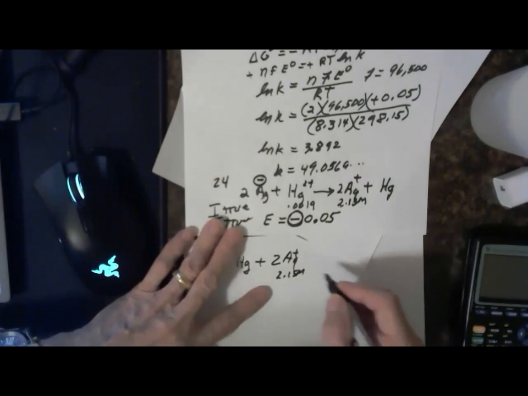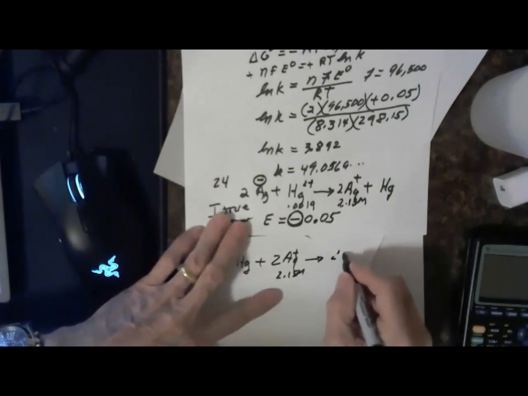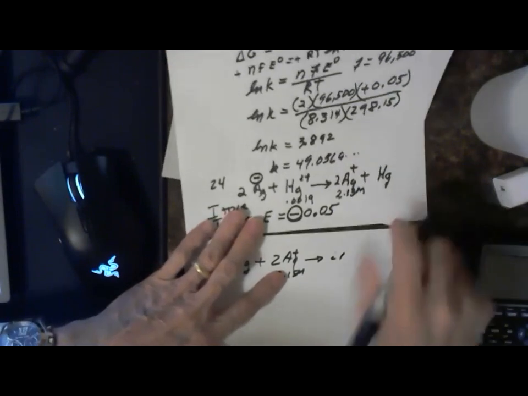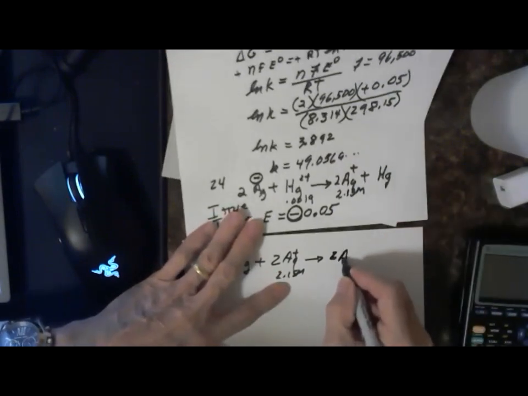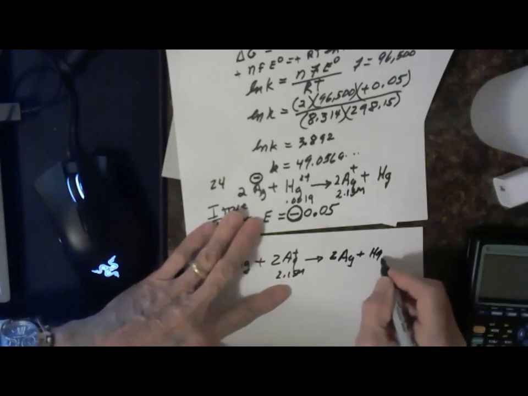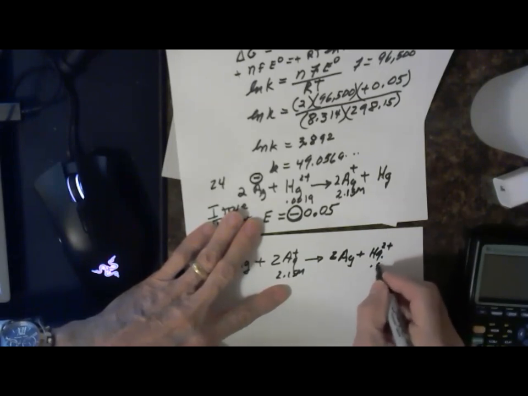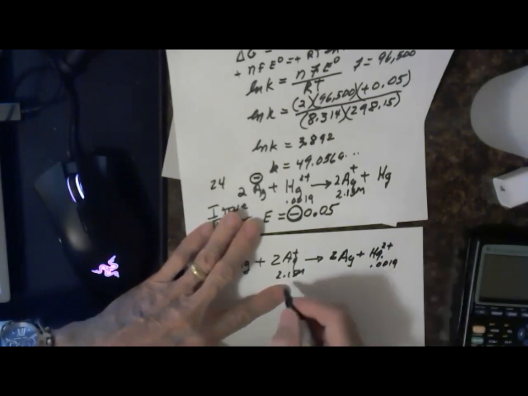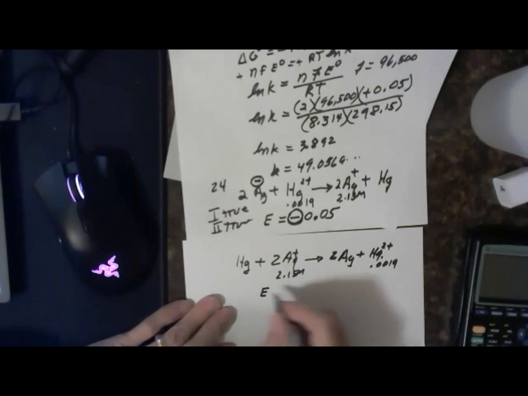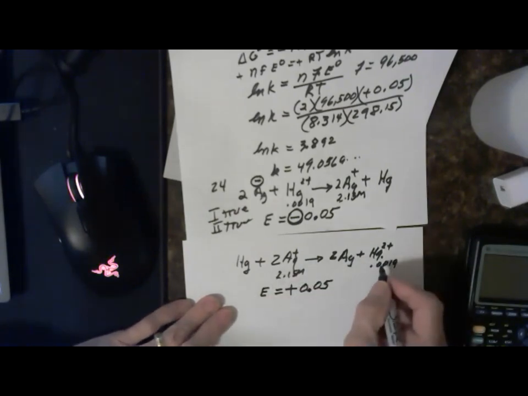I'll read over there when I get there. It's going to go to 2Ag plus Hg 2 plus, and this is at 0.0019. And the E for this cell is now plus 0.05 volts at this set of concentrations.